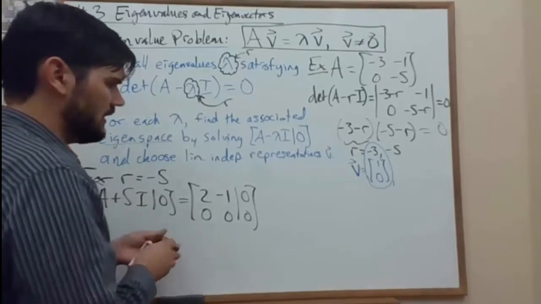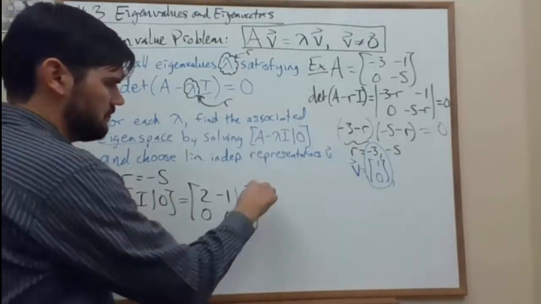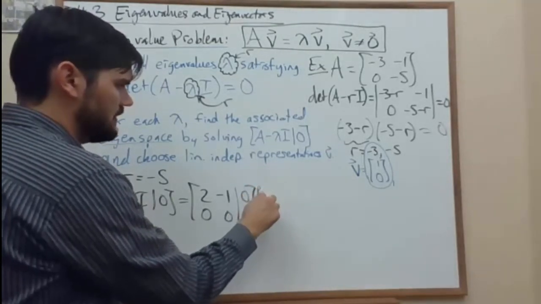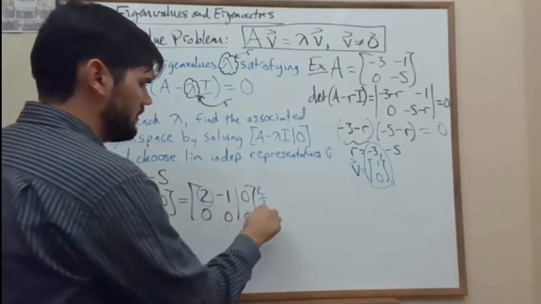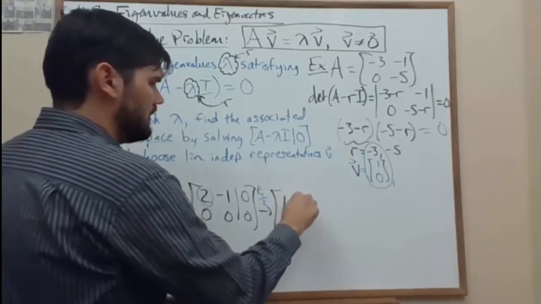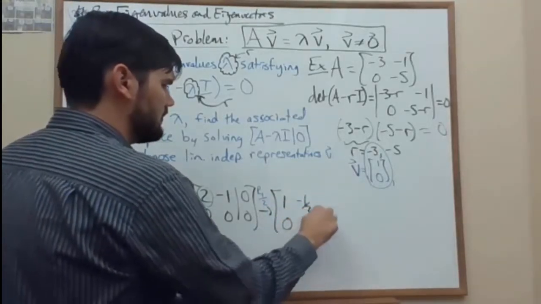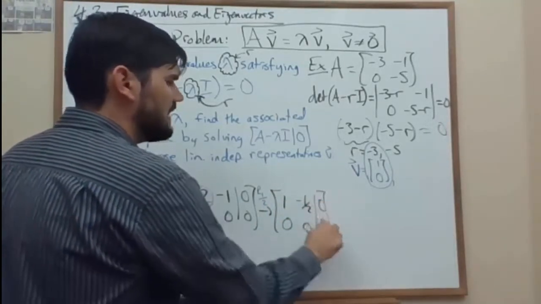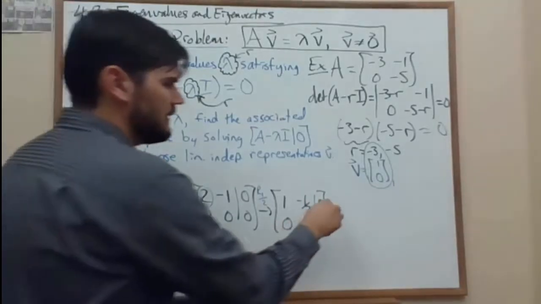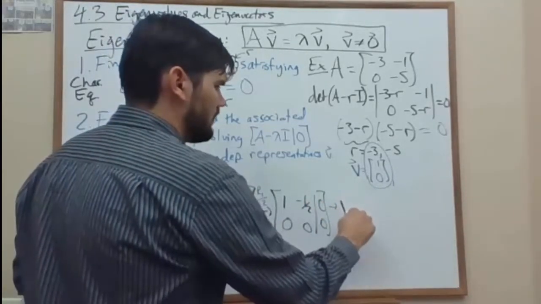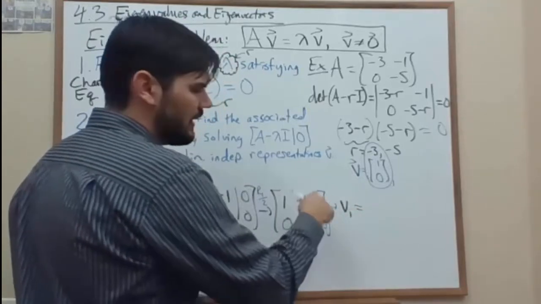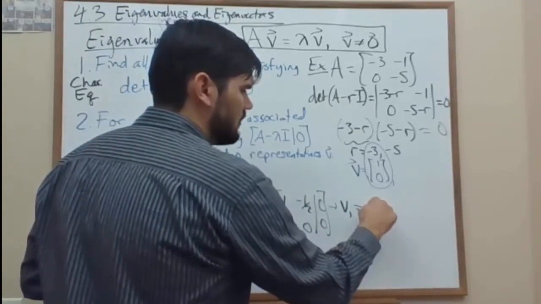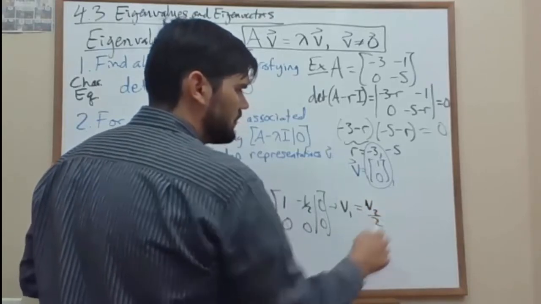So now we just need to row reduce in a sense. Let's take row 1 and divide by 2 to get that into a 1, just to make it row reduced: [1, -1/2; 0, 0]. Then we can read off that first row. That says v1 equals, moving the -1/2 over to the right, v2 over 2.